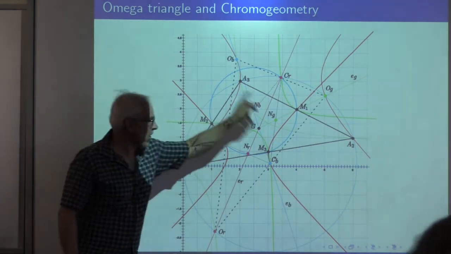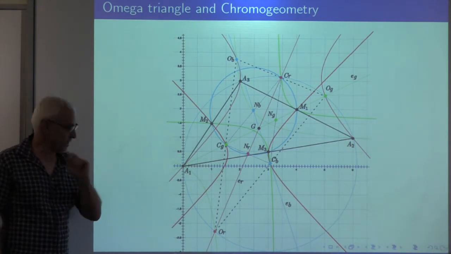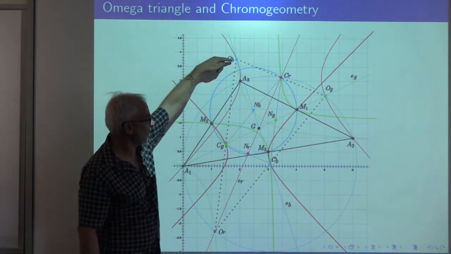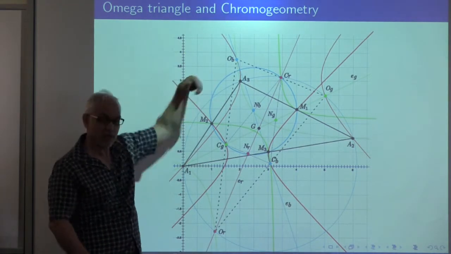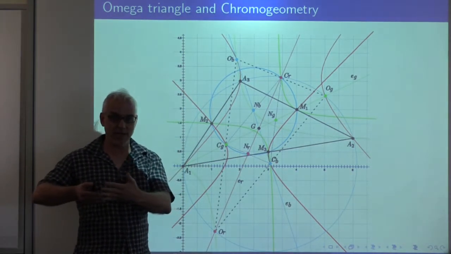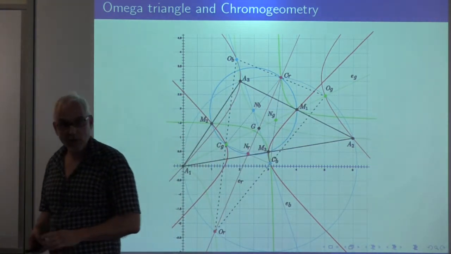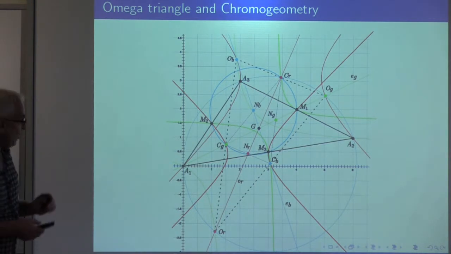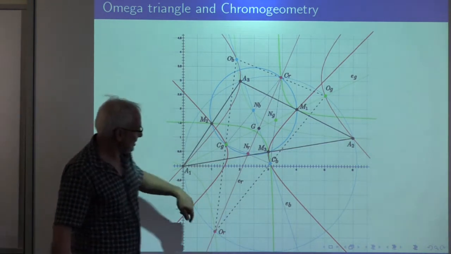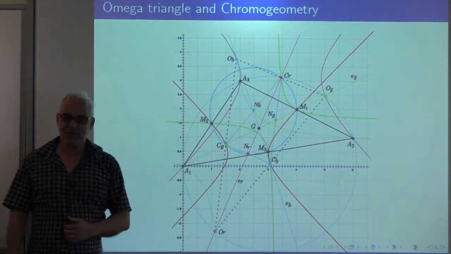So here's the triangle A1, A2, A3, and here are the 3 orthocenters. Okay, there's the familiar blue orthocenter, which is just the Euclidean one. It turns out that in the other geometries, the altitudes of the triangle intersect, and you get orthocenters. And they form what I call the orthic triangle of the triangle. And that orthic triangle is quite interesting because the midpoints of its sides are the circumcenters.